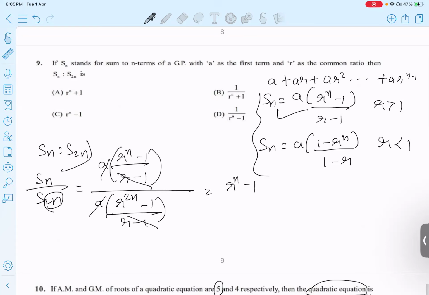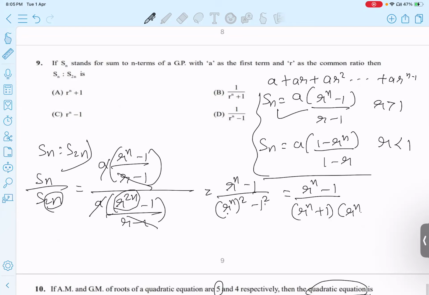We'll get r power n minus 1 divided by r to the power of 2n minus 1, which can be rewritten like this, which in turn the denominator is looking like a square minus b square. a square minus b square is (a plus b) into (a minus b). So the complete r minus 1 cancels. We'll get only 1 by (r to the power of n plus 1), which is in option B.